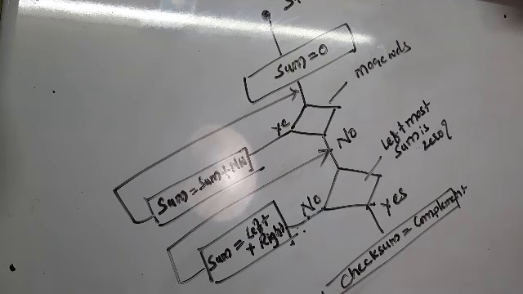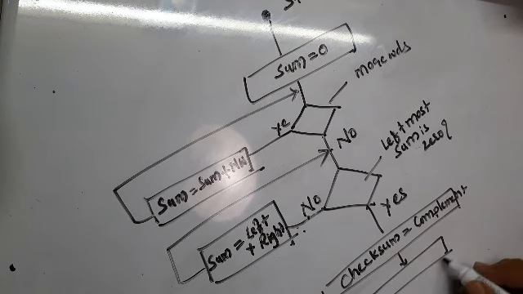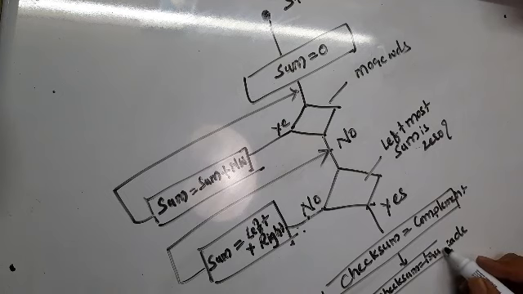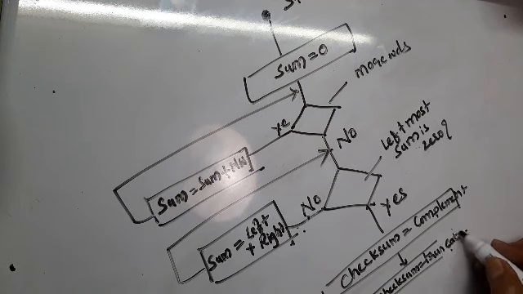Then the last one: checksum is equal to truncate.